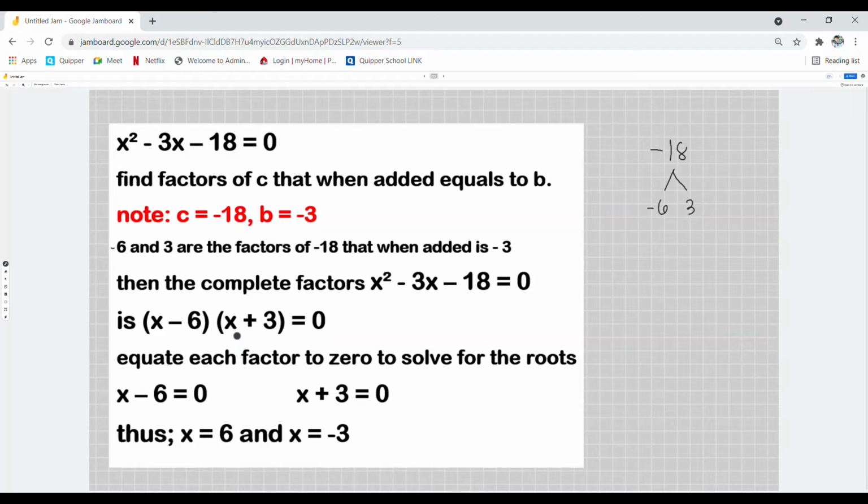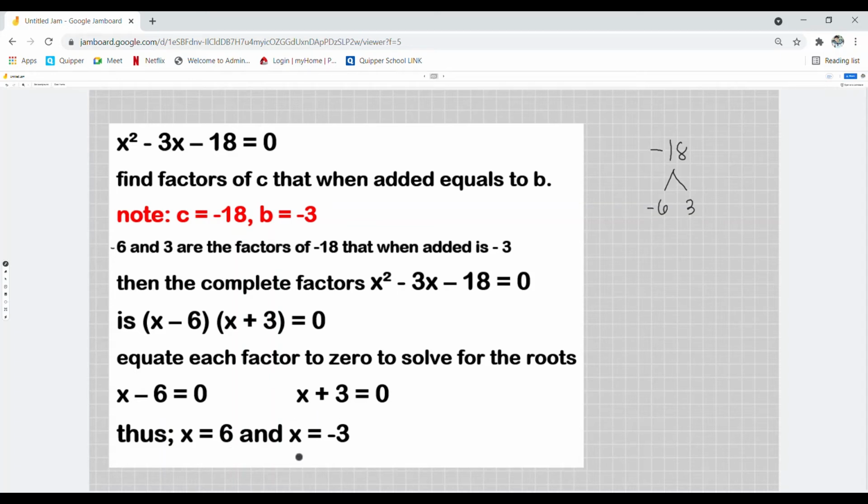Since we already have the factors, we can now solve for the roots. Okay, and so you equate every factor to 0. So x minus 6 is equal to 0. Thus you can see that x is equal to 6. Alright, when you transpose negative 6, that will become positive 6. And the other side, you have x plus 3 equals 0.